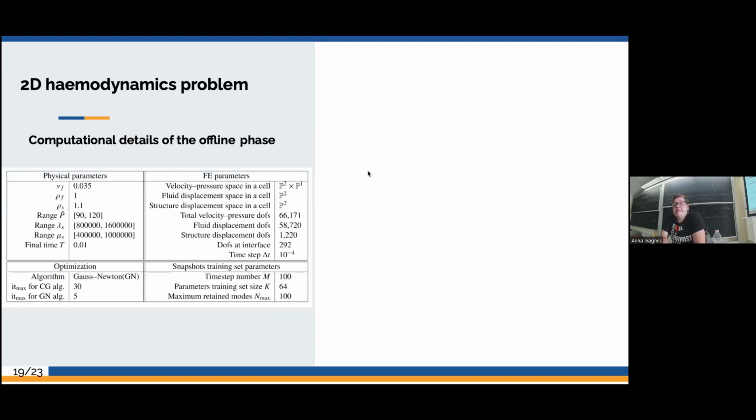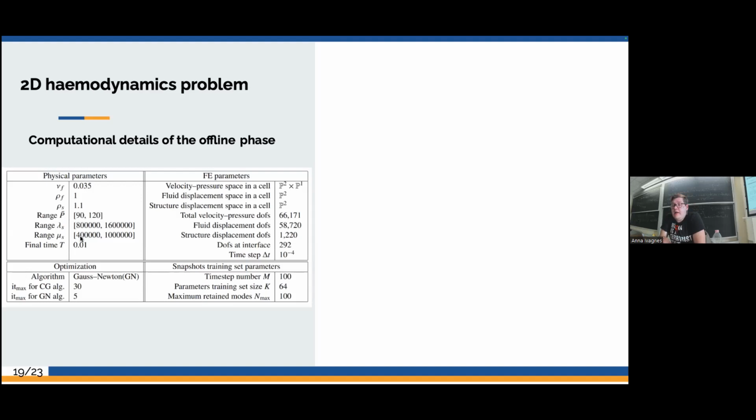Then here we have the computational details of the offline phase. First of all, we use 3 different parameters in this first case, actually 4 with time. Our physical parameters are the maximal pressure at the inlet boundary and two Lamé coefficients that enter the definition of the second Piola-Kirchhoff tensor.